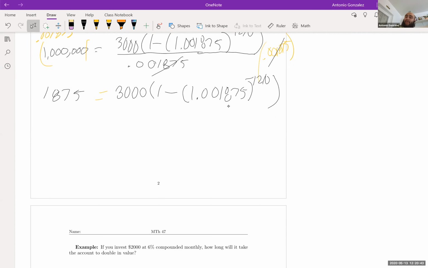Okay. And again, it eliminated the fraction. So now it's getting closer and closer to that n, one step at a time. We can't just jump to the end. The next thing to account for is that 3,000 in front of the parentheses. So what I'm going to do from here is divide both sides by 3,000.